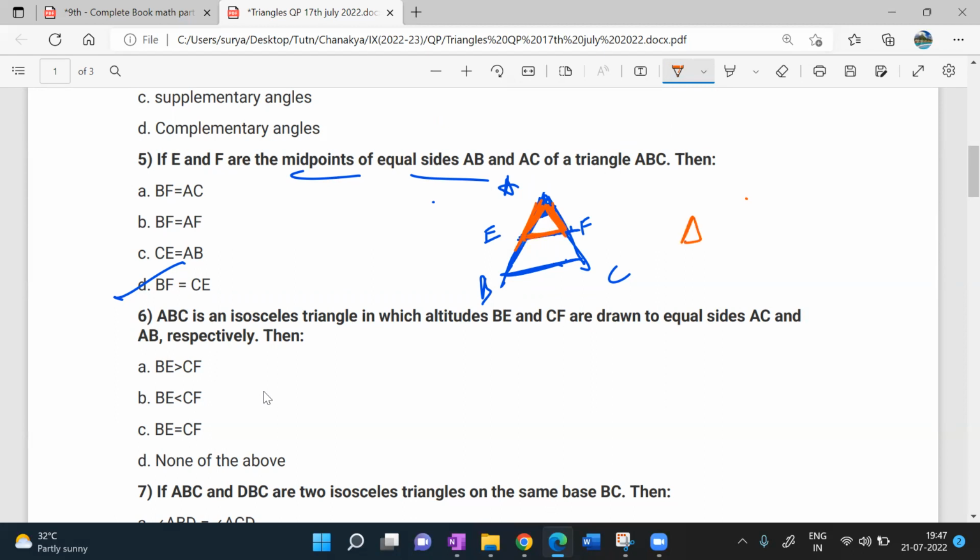Now can I say triangle ABF, this triangle, is similar to triangle ACE? Both are equal by SAS rule, side, angle, side. So by using CPCT rule, can I say BF is equal to CE?